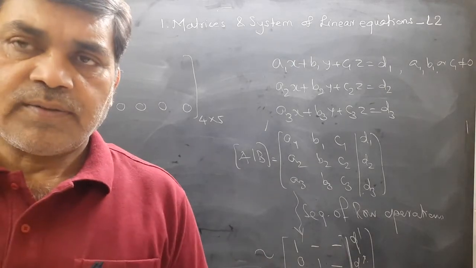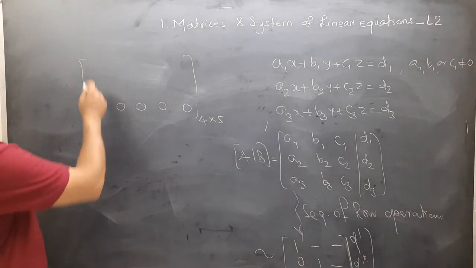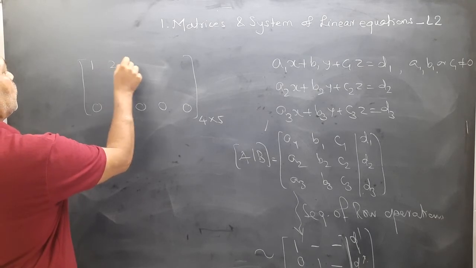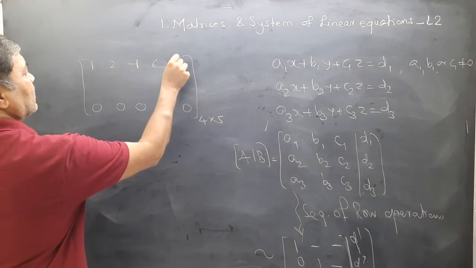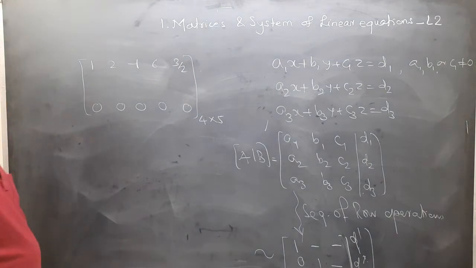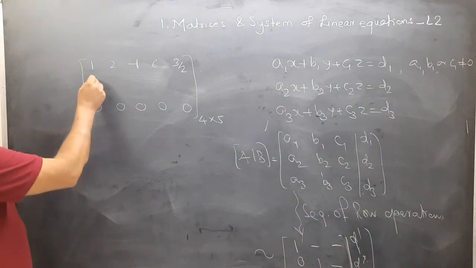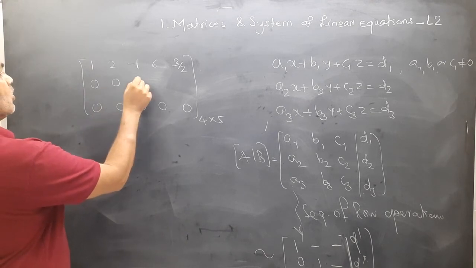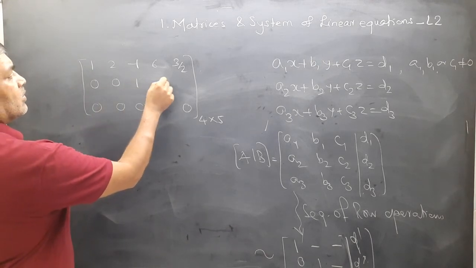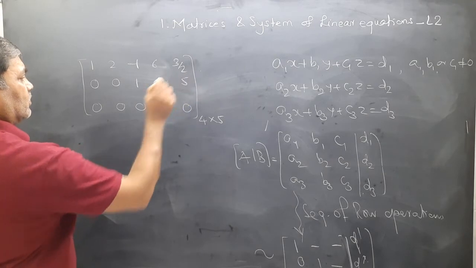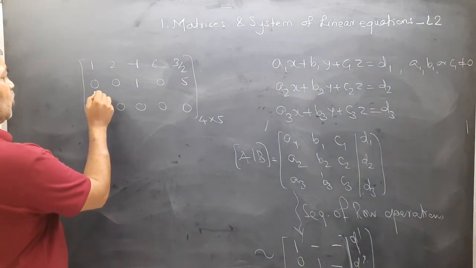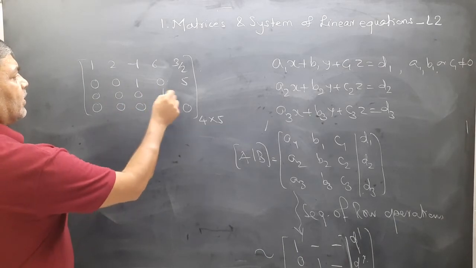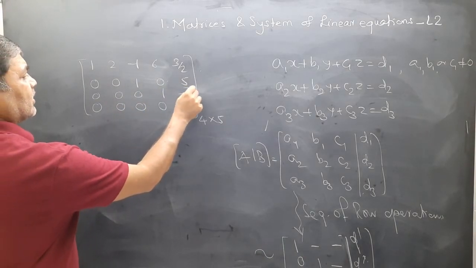If it has a non-zero row, then in the first row, the first entry must be 1, for example 1, 2, minus 1, 6, 3 by 2. Then in the second row, 0, 0, say 1, 0 and 5, and then 0, 0, 0, 1, minus 7 by 6.